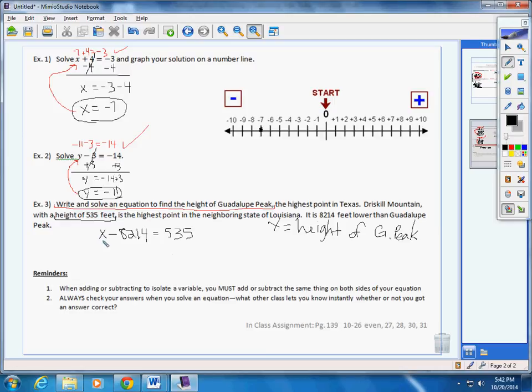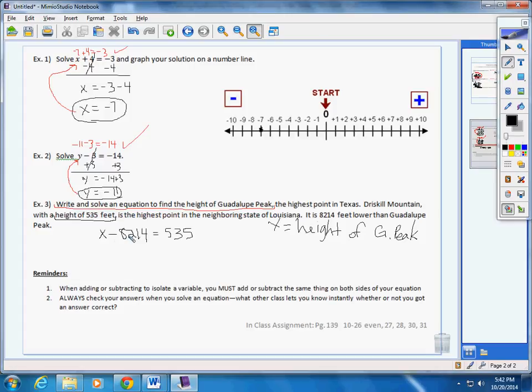Okay, so the height of Guadalupe Peak minus 8,214 feet should equal Driscoll Mountain, because that's what we're being told here. So now the last step, because we're trying to find the height of Guadalupe Peak, is just to solve for x.